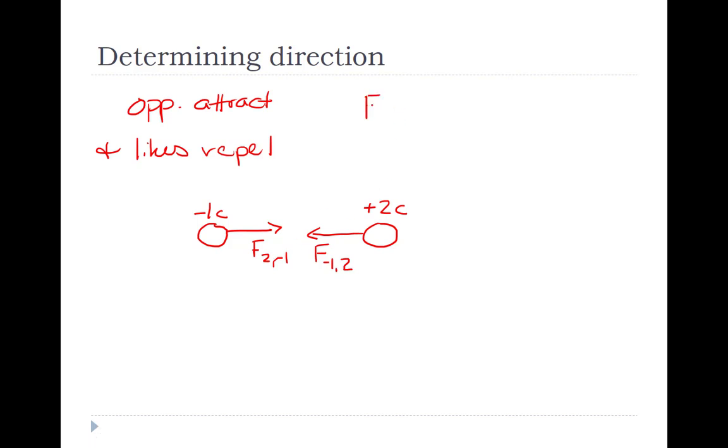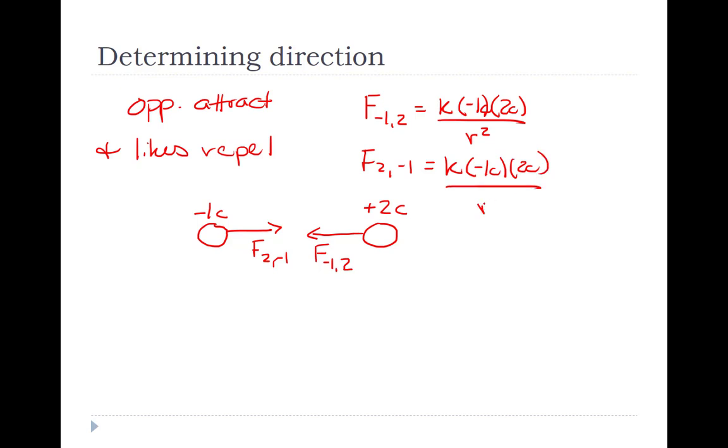If we look at the magnitudes and we don't take the absolute value, K times -1 coulomb times 2 coulomb, divided by the distance between them squared, which I'm just going to leave as R, is F12. F21 is going to be the exact same number, as we know it should be, because these are a third law force pair.